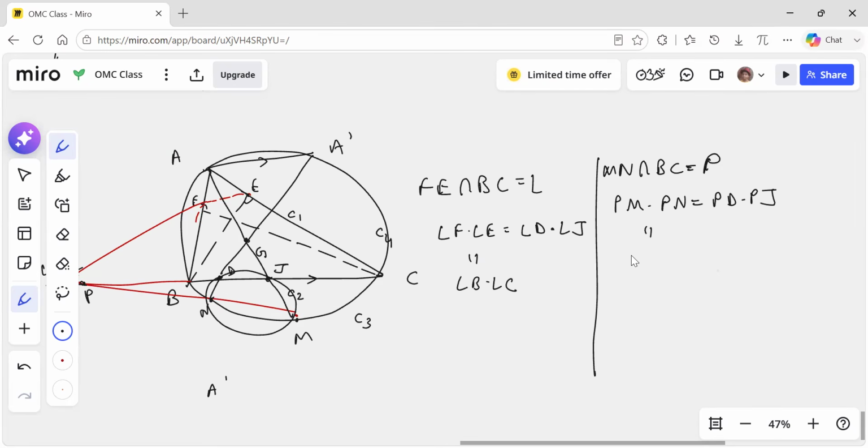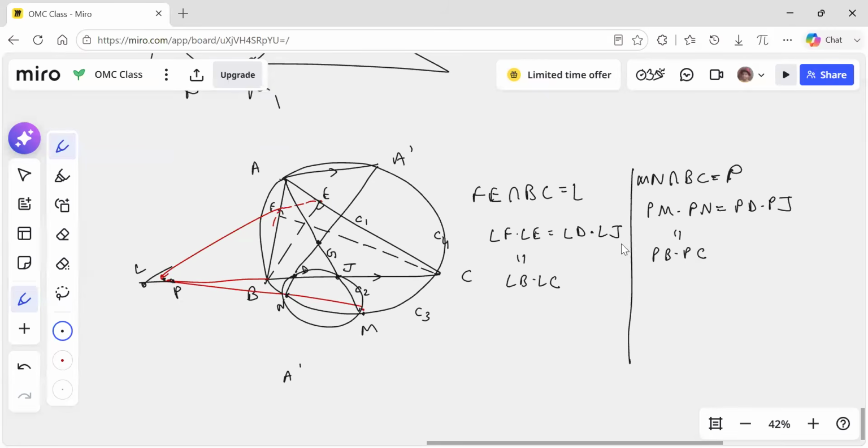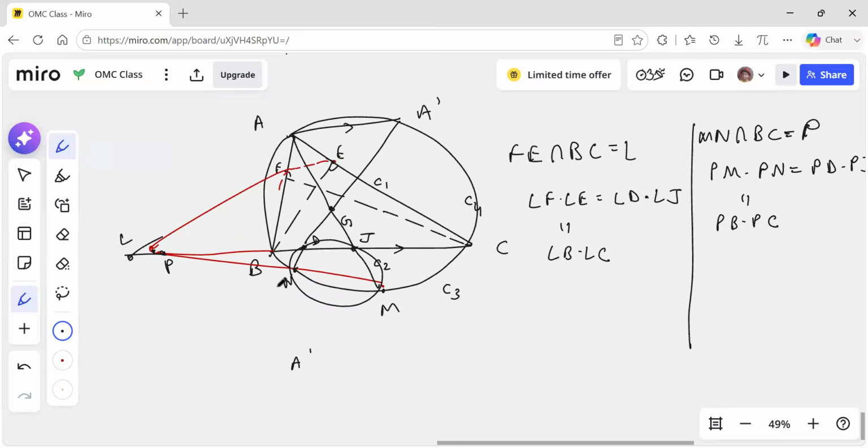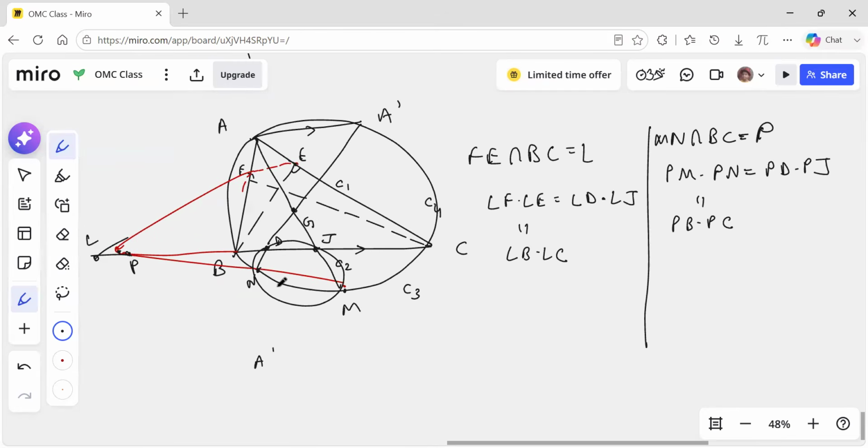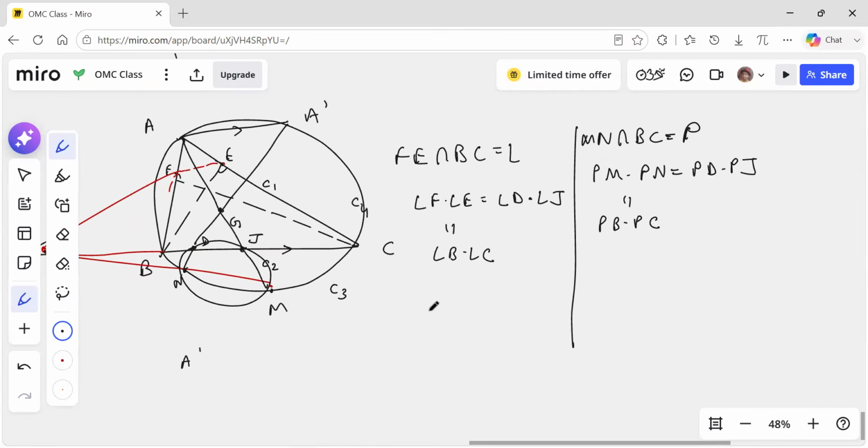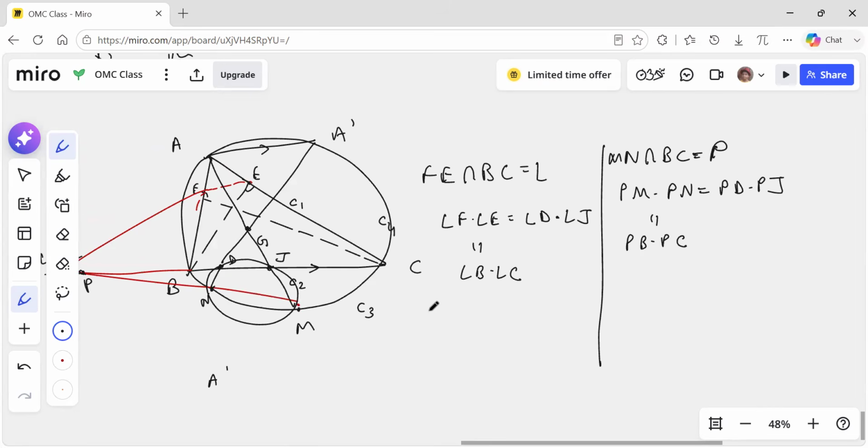And PM times PN is also equal to PB times PC. Okay, is this all right? Okay, this is alright, guys.